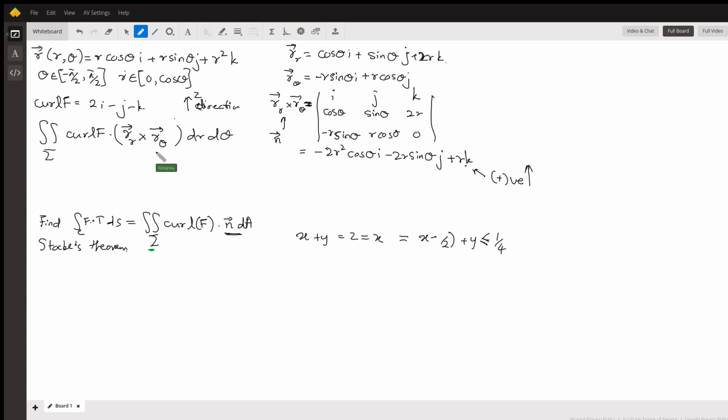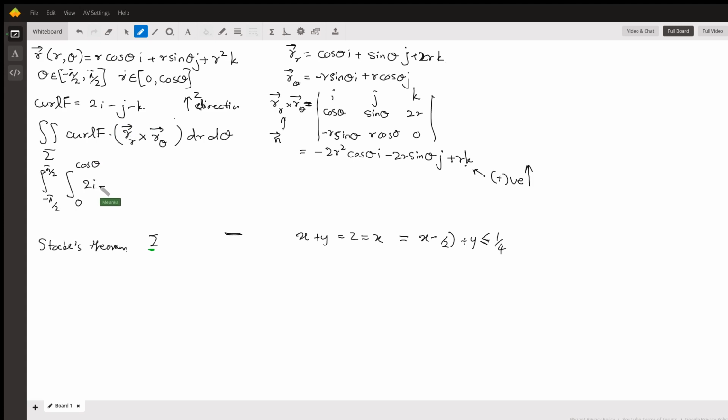If it was negative, we just need to flip the sign of this one and then use it here. So let's see what we get. When we write down the limits of integration, first we write theta because it is the independent one, negative pi over 2 to, and then the limits of r, 0 to cosine theta, and curl of f is this.